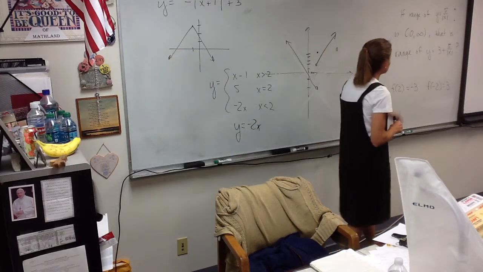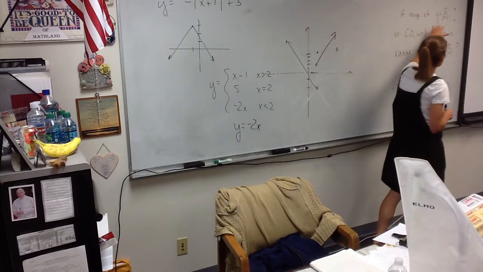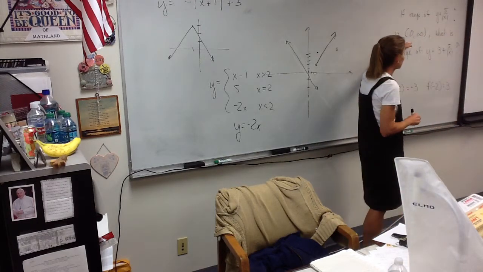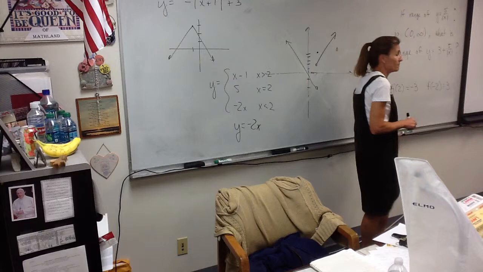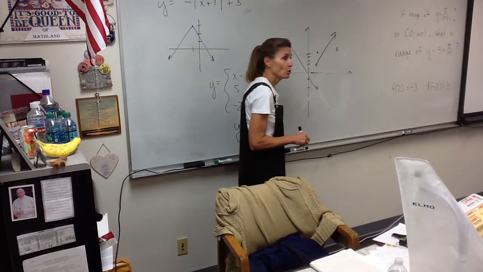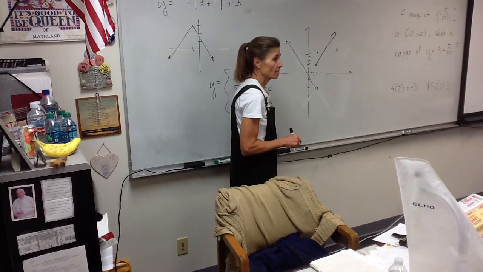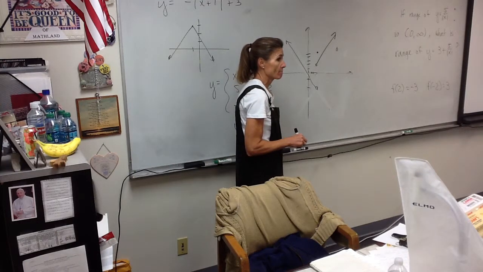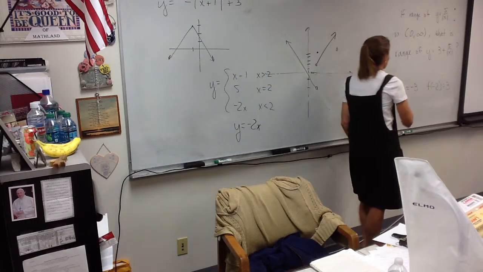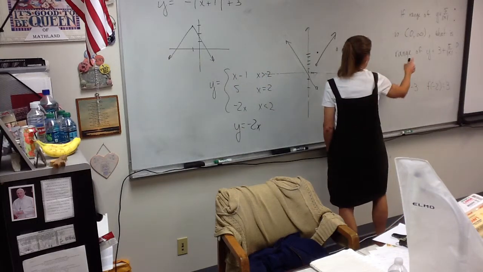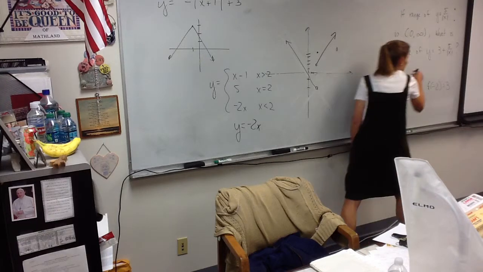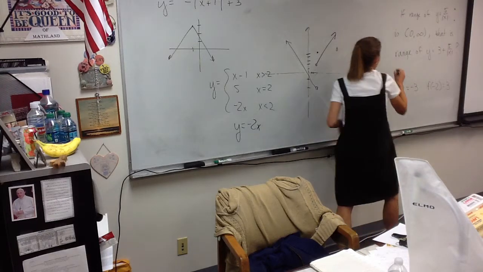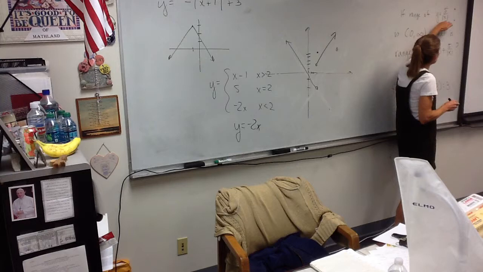Let's take a look at this. It says if the range of this weird function is this, what would the range of this one be? What do you think? Knowing what you know. Exactly. It would be y greater than 3. Why? What changes going from this to this?